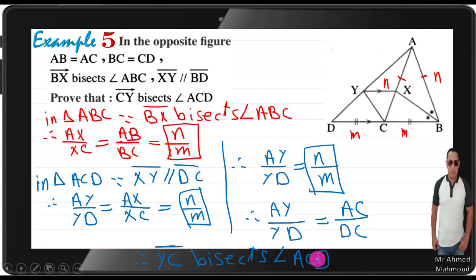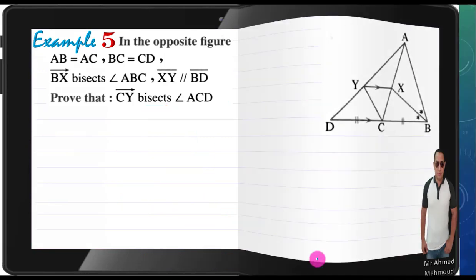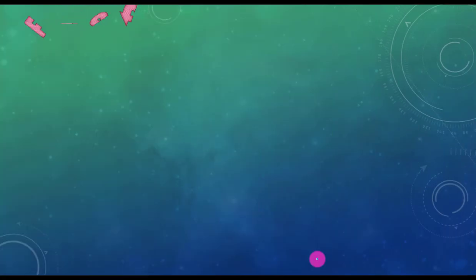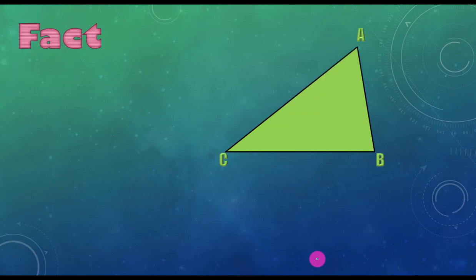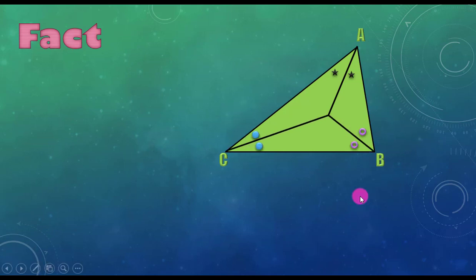Now we have a fact. Let's study this fact. If we have triangle ABC and we draw the bisector of angle A, the bisector of angle B, and the bisector of angle C, what will happen? All of them intersect at one point, and this is a fact.